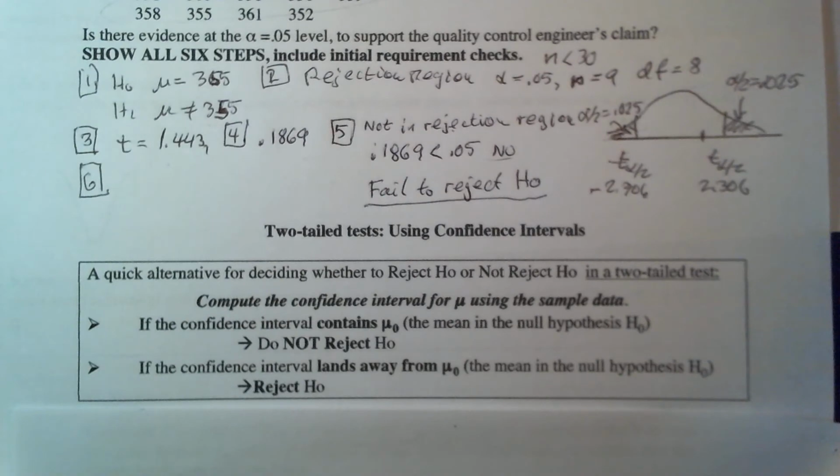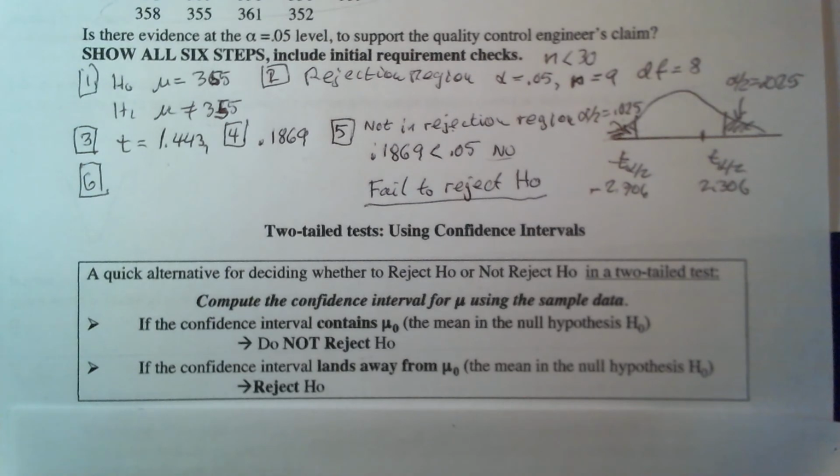As we had mentioned before, a quick alternative for deciding whether to reject the null hypothesis or fail to reject in a two-tailed test is to compute the confidence interval for mu using the sample data. If the confidence interval contains mu sub 0, the mean in the null hypothesis H0, do not reject the null hypothesis.